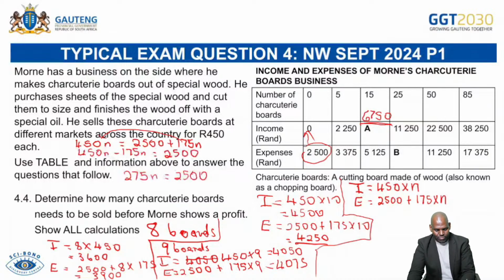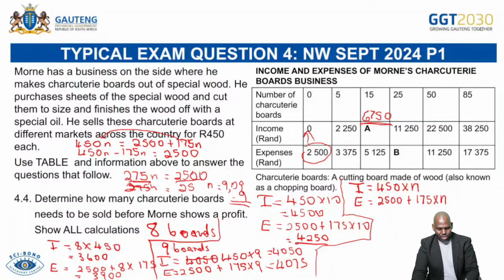Then I say 2,500 divided by 275. I divide both sides by 275, and I'm getting n equals 9.09, which is about 9.